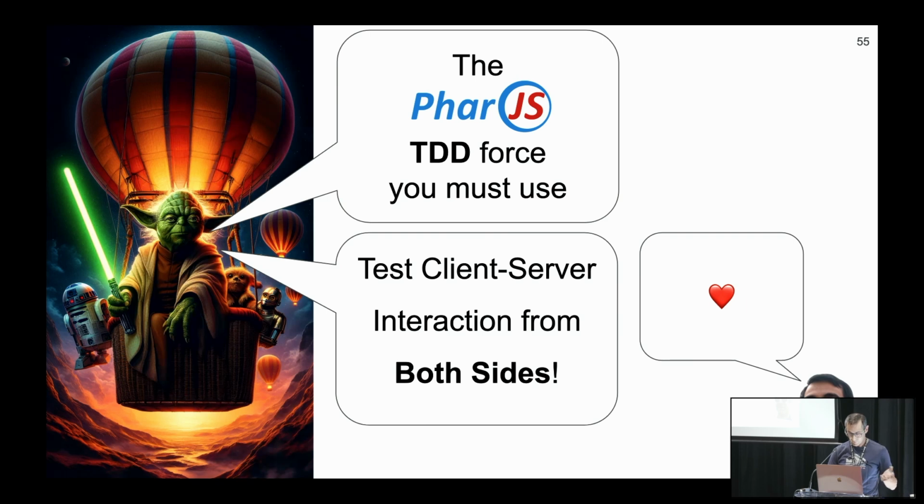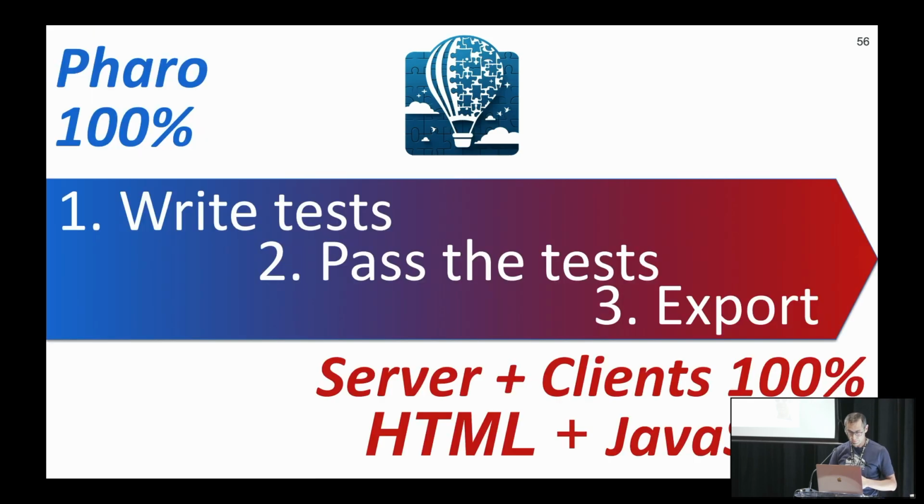And the logic, stolen from Pharo.js, is we develop 100% in Pharo, write the test, pass the test, and when we are happy, everything green, we export, and we get HTML and JavaScript. And then we can ship it, deploy.